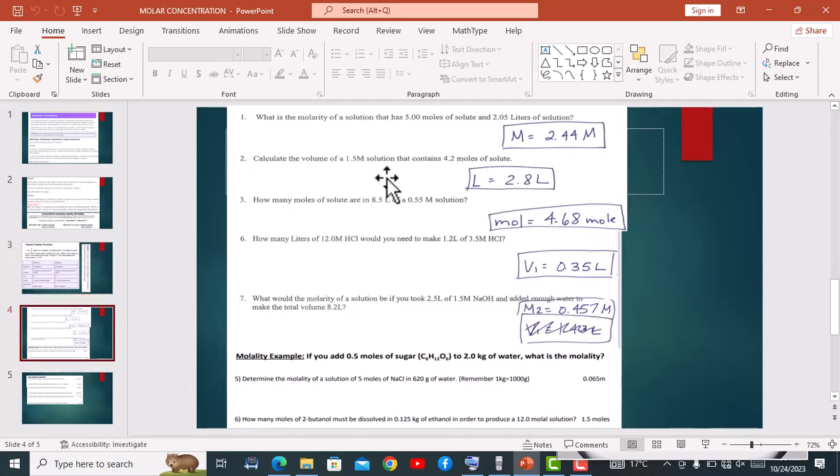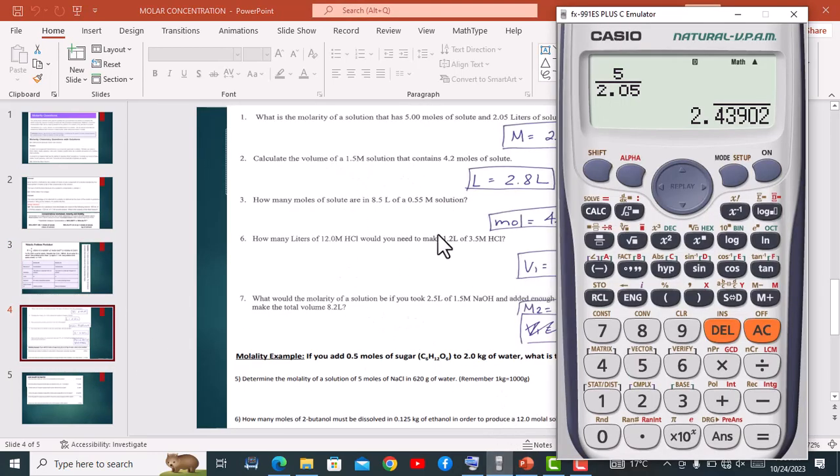So we are going to take the number of moles, which is 4.2, and we divide that by molarity, which is 1.5, and we find the volume as 2.8 liters.